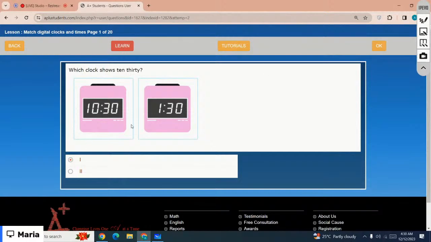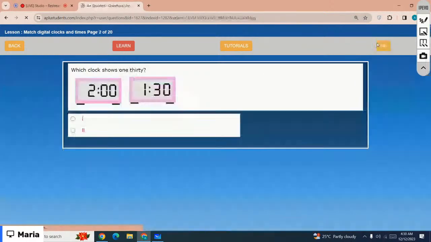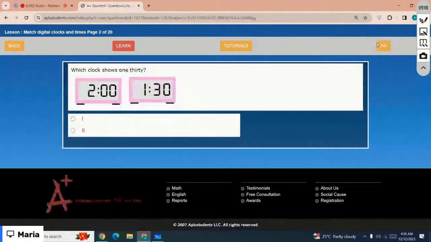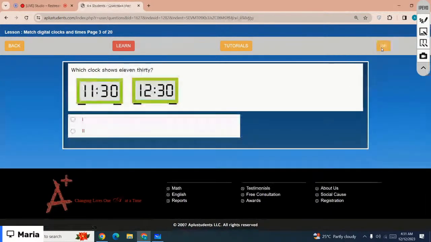Option 1 is the correct option. Which clock shows 1:30? Which is the correct option? Yes, the correct option is the second one. The second one shows 1:30. Option number two is the correct option.